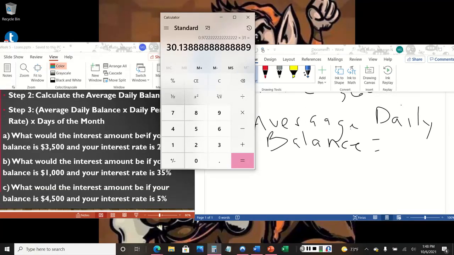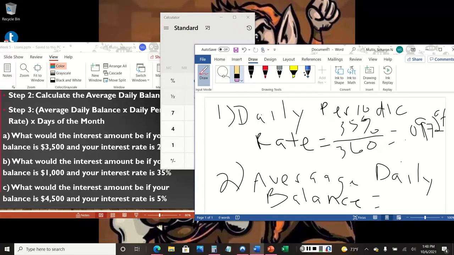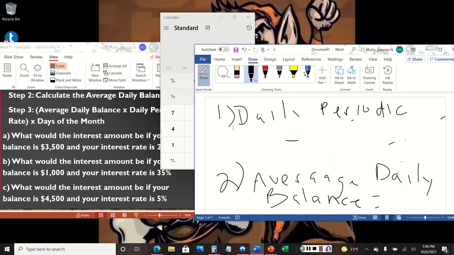All right, so we're going to move on to the next problem. Let me erase that top part. I need a little bit more space over there. I'm running out of room, so daily rate equals. All right, so we have 5% divided by, we're going to use 360 again, and we're going to calculate our daily periodic rate.